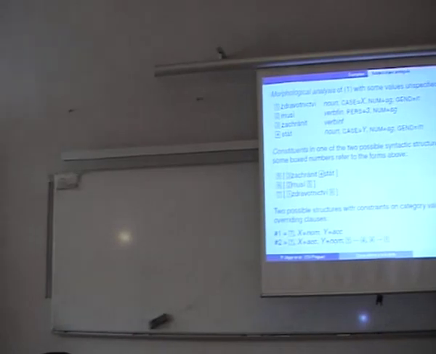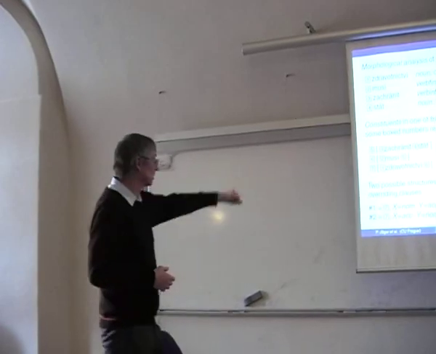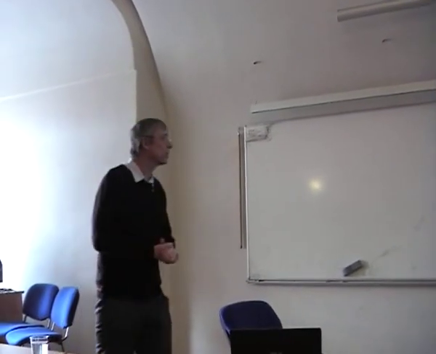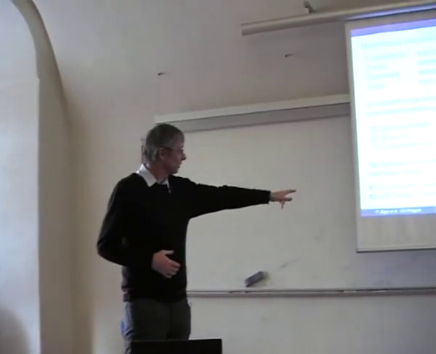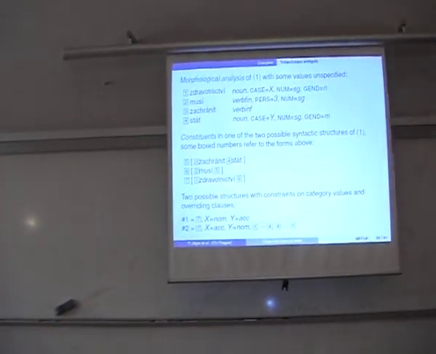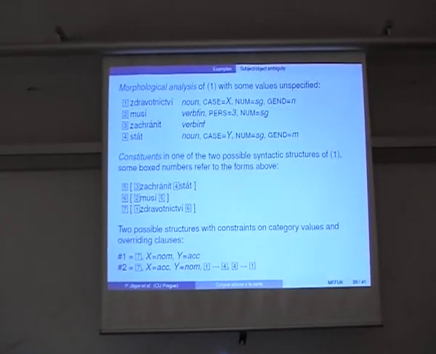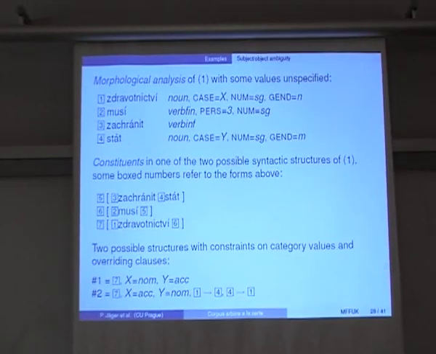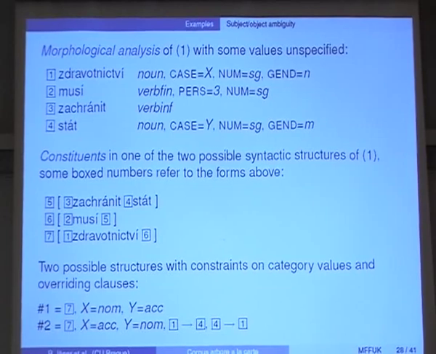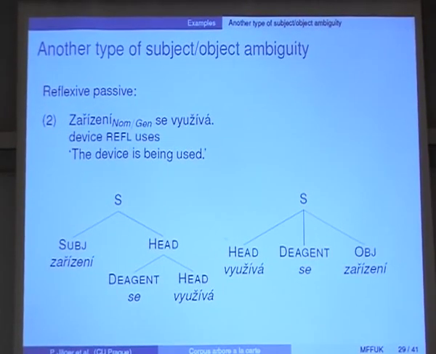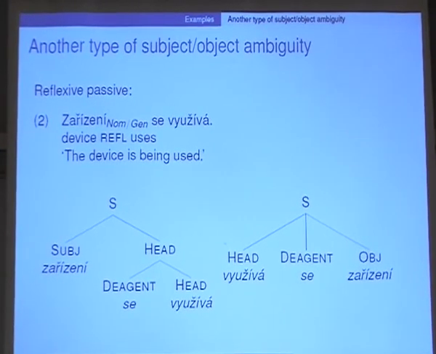These box numbers refer to these forms above. So this is the constituents tree, and we have two possible structures with constraints on category values and overriding clauses. The X is a nominative case, Y is an accusative case, or vice versa. And here the concept of distributive disjunction is applicable. So we'd like to capture both meanings in this concise way. We would like also to deal with another type of subject-object ambiguity.